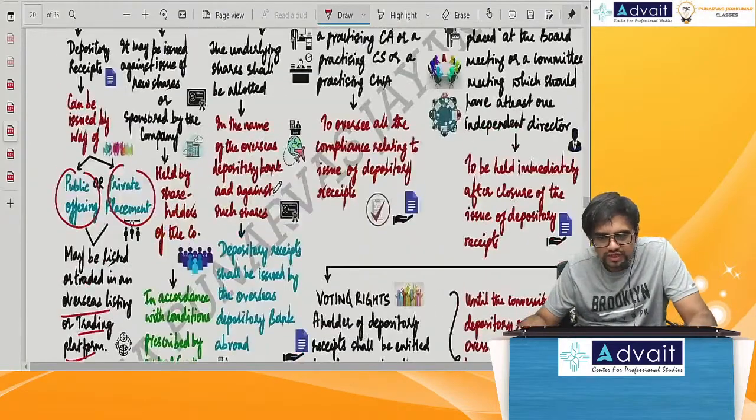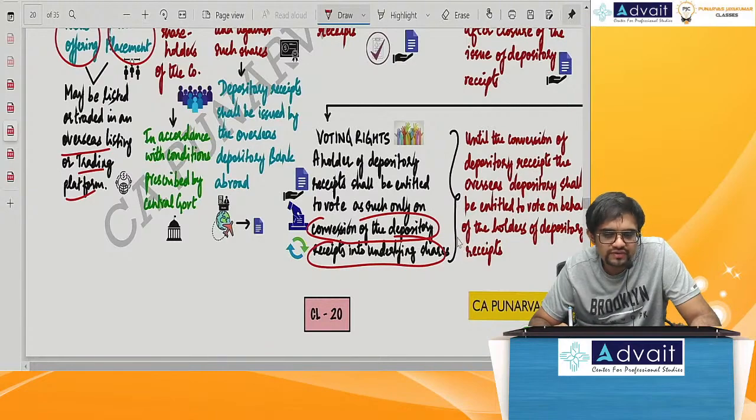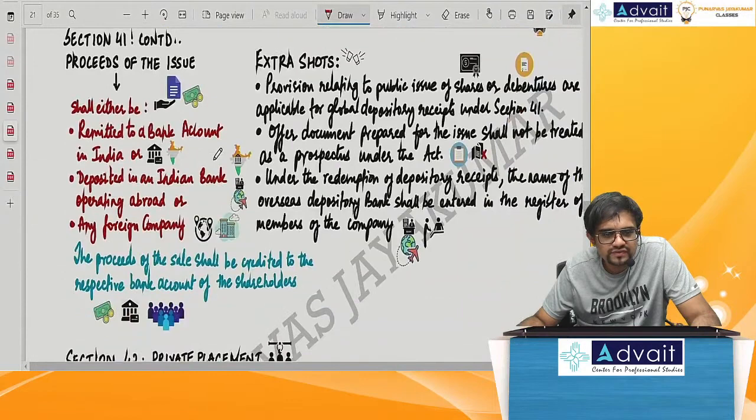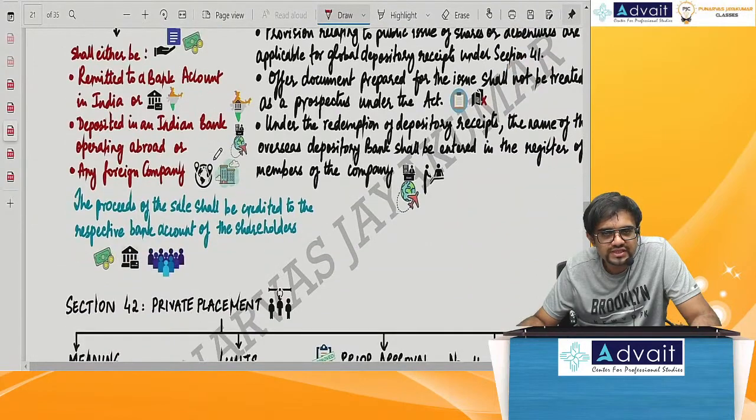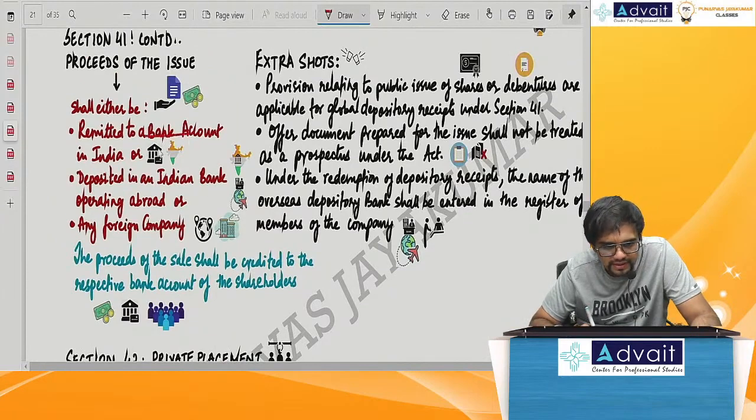Voting rights: the holder of depository receipts shall be entitled to vote only on the conversion of the depository receipts into underlying shares. Only while conversion and nothing else. Proceeds of the issue: the moment you sell the depository receipt, the proceeds will be remitted to the Indian bank, or deposited in a bank abroad.